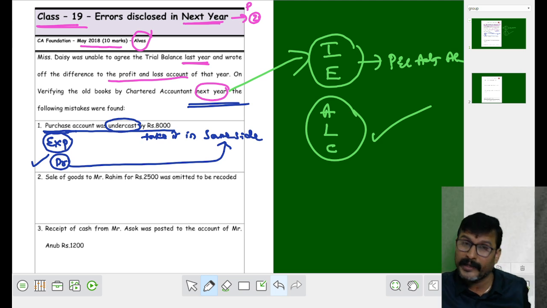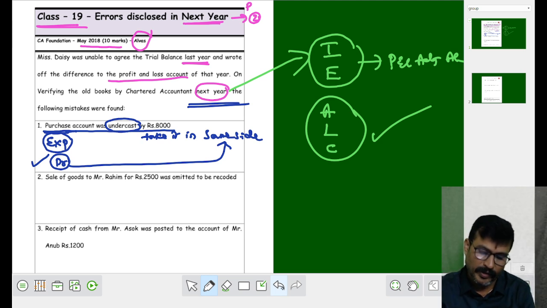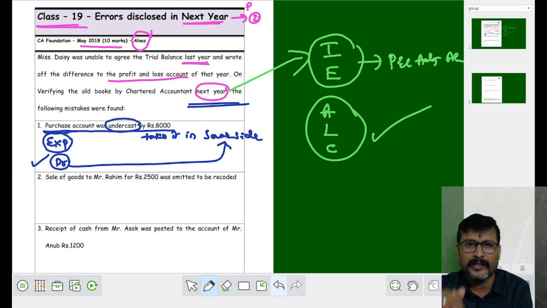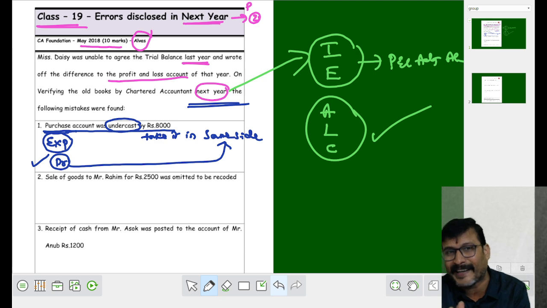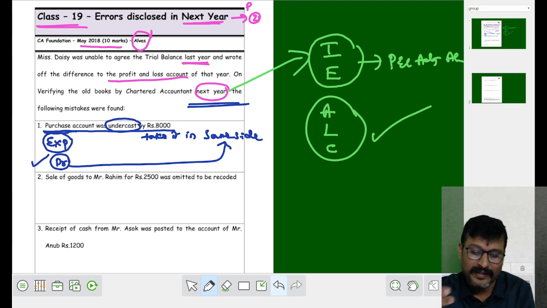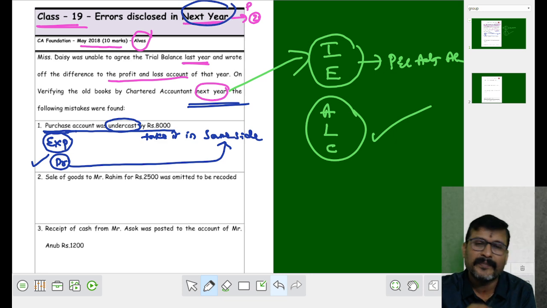Now, if you take the debit side, purchases account debit, we can use purchases account debit in two stages of rectification: one before preparing trial balance, another after preparing trial balance. But we are not supposed to use the name of the account of expenses and losses when the errors are disclosed in the next year.